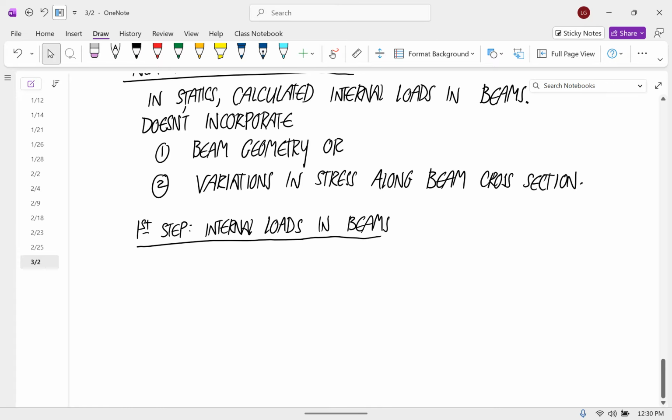Okay, so let's just start with a problem and we'll just start thinking our way through it. Let's say we have a cantilever beam. And I'm going to use a coordinate system like this.